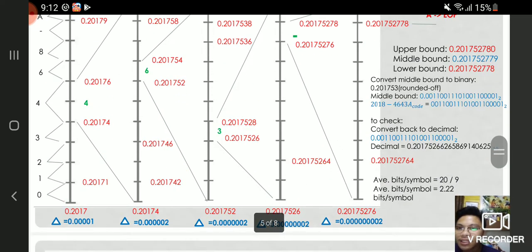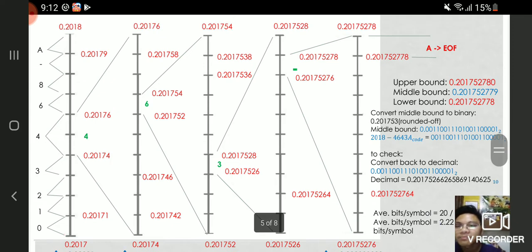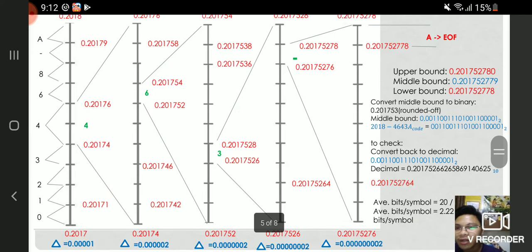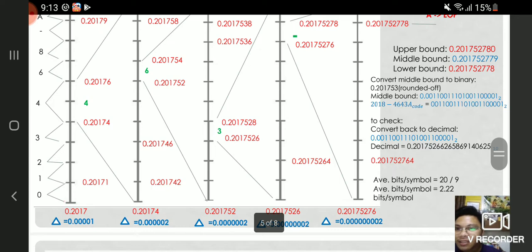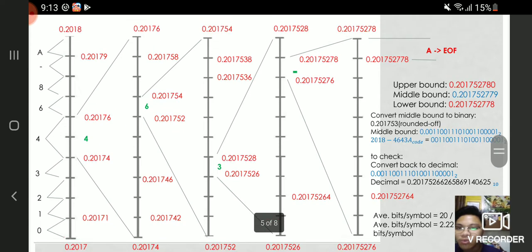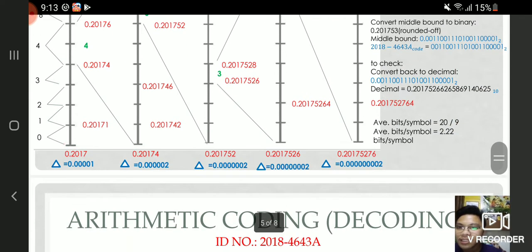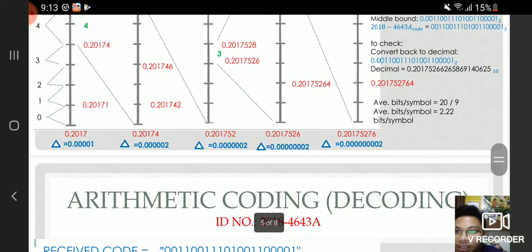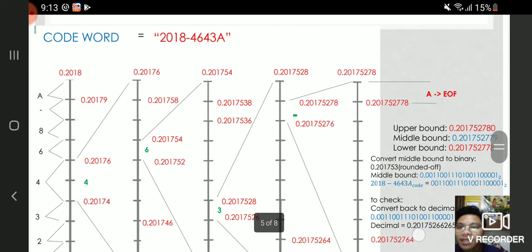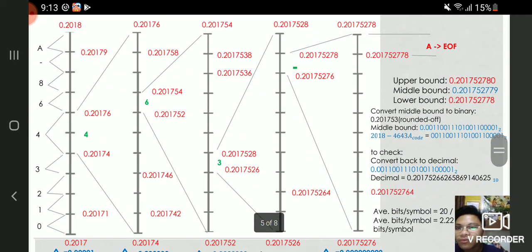Then we need to get the probability graph of 3, which is between 0.217528 and 0.217526. Expanding it will become the upper bound and the lower bound, and its step value here is 0.000002.